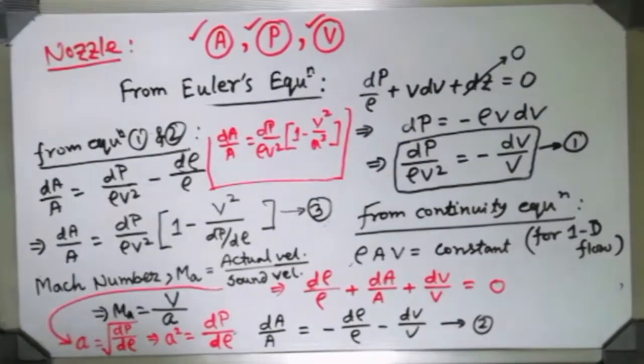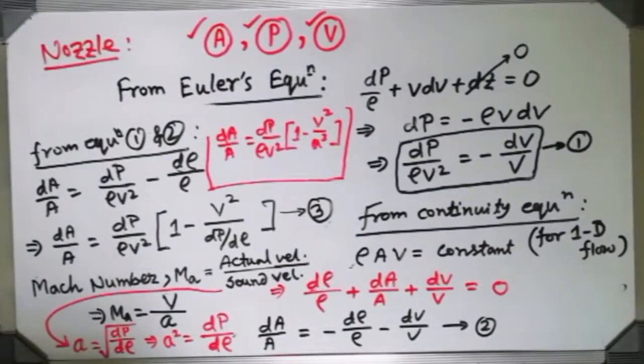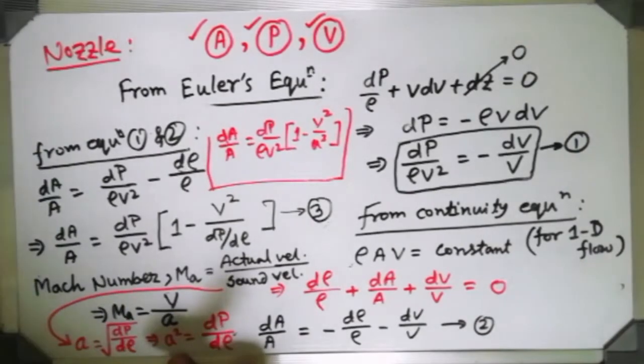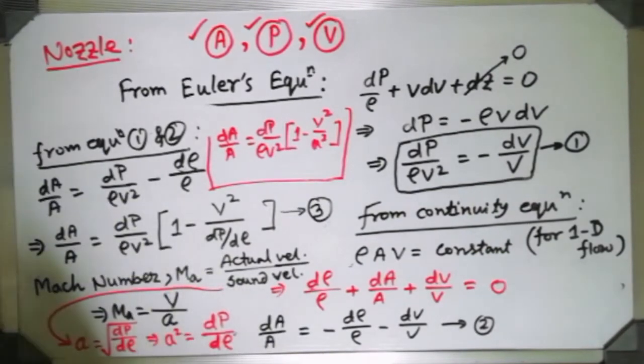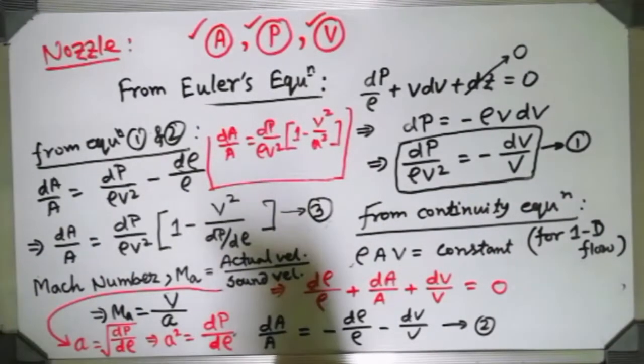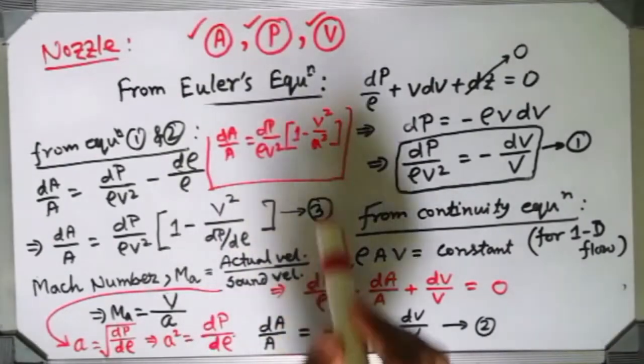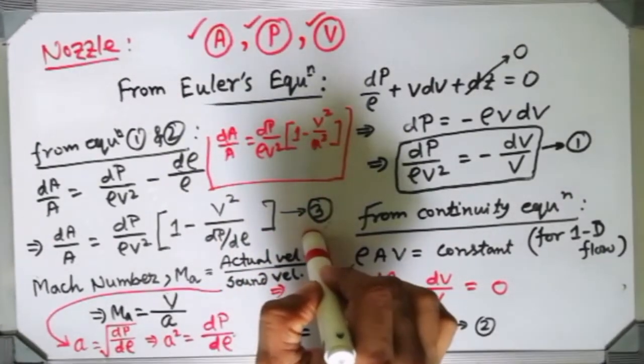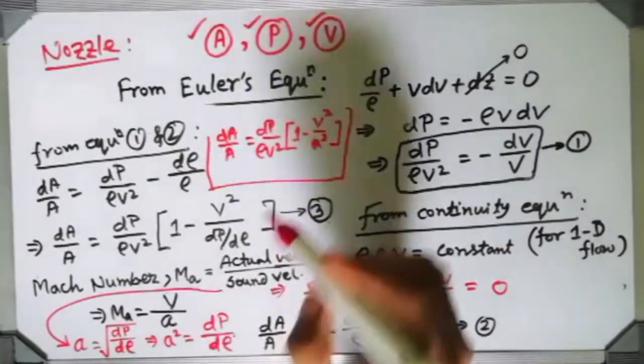Why? Because dp by d rho is equal to a square. A square means, a means the sound velocity, velocity of sound. So I can convert this equation number 3 like this manner now.